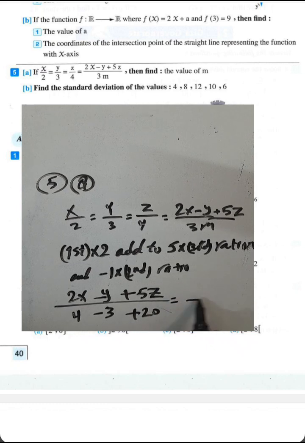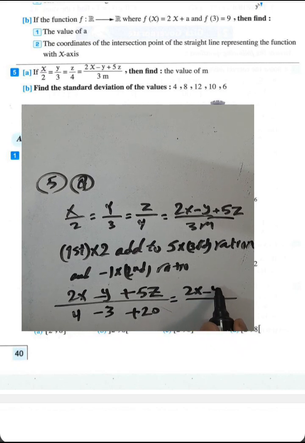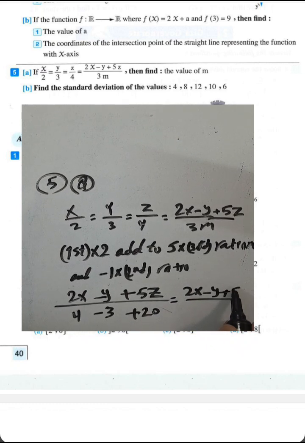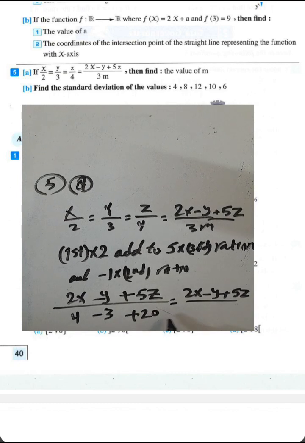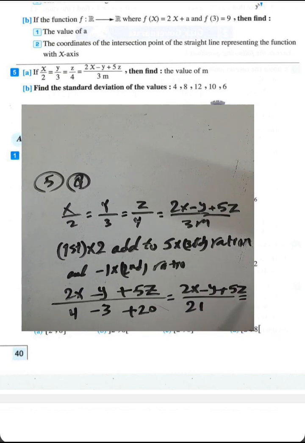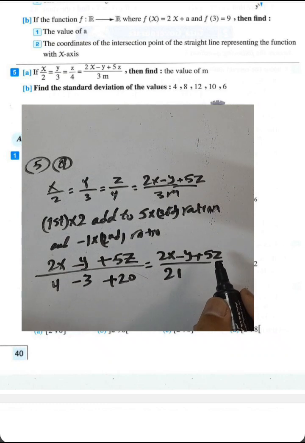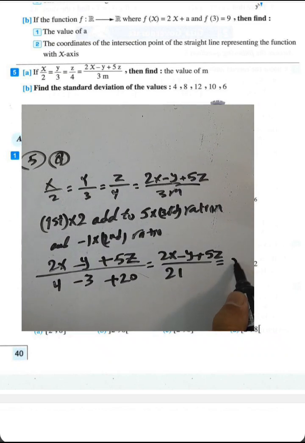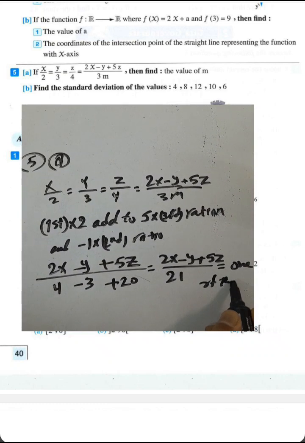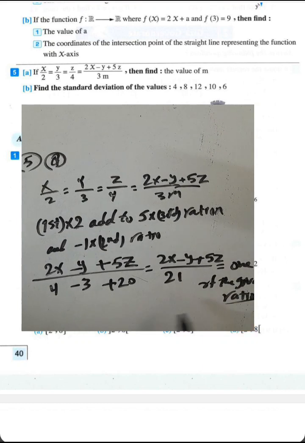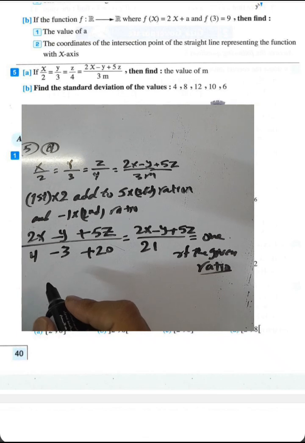Then we can write 2x minus y plus 5z over 4 minus 3 plus 20, 21. It will be equal to one of the given ratios.